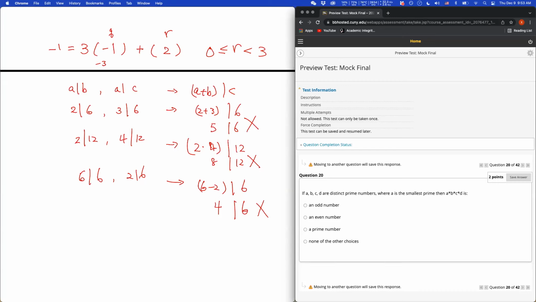What is the smallest prime number? It was 2. Now if 2 is one of the factors, then what do you know about A times B times C times D? It's an even number.